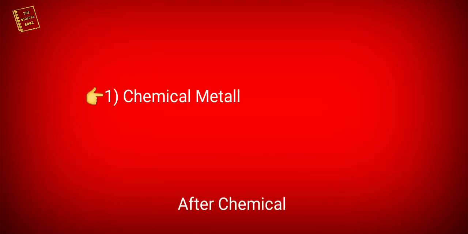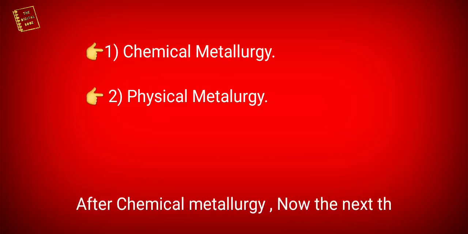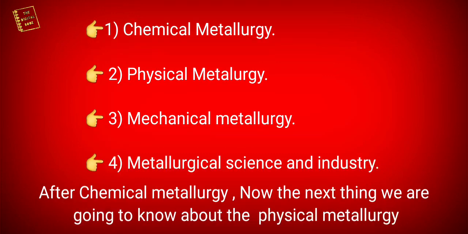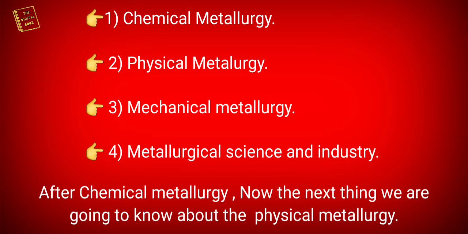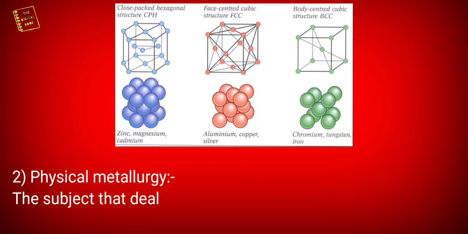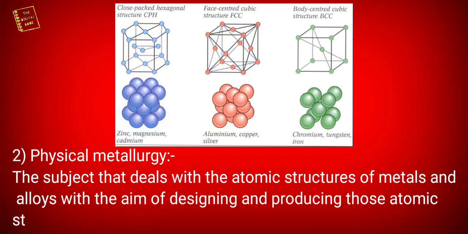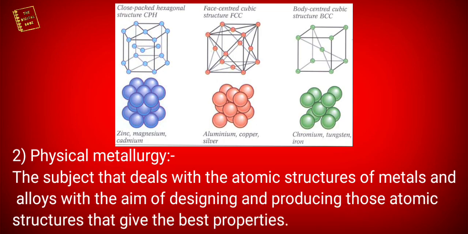After chemical metallurgy, now the next thing we are going to know about is physical metallurgy. The subject deals with the atomic structures of metals and alloys, with the aim of designing and producing those atomic structures that give the best properties.